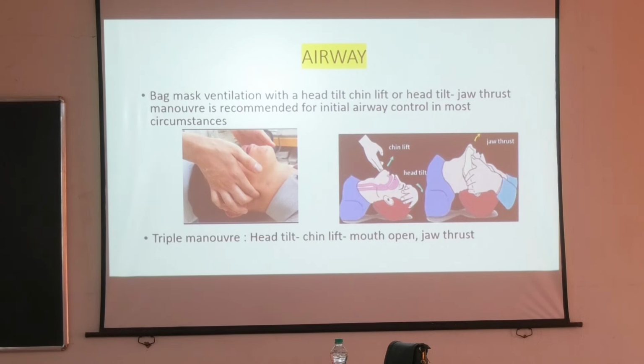You can give mouth to mouth or nose to mouth. Close the mouth, and then through the nose you ventilate the patient. That is one method. If you are not expert in that, then pinch the nose and do mouth to mouth breathing, and see the chest rise.